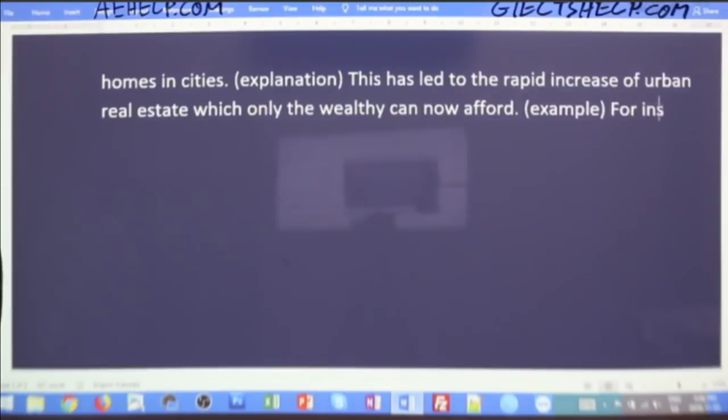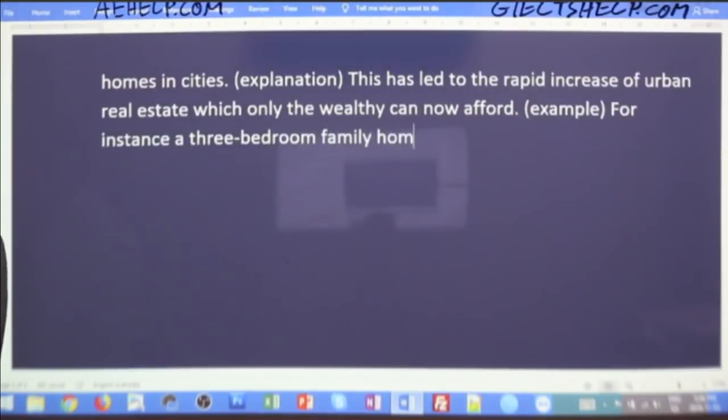For instance, a 3-bedroom family home in New Delhi cost around, let's say, 5,000 US dollars in the 80s. I don't know, I'm just making it up here.